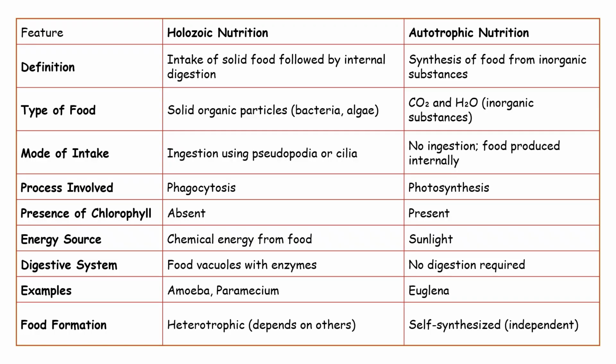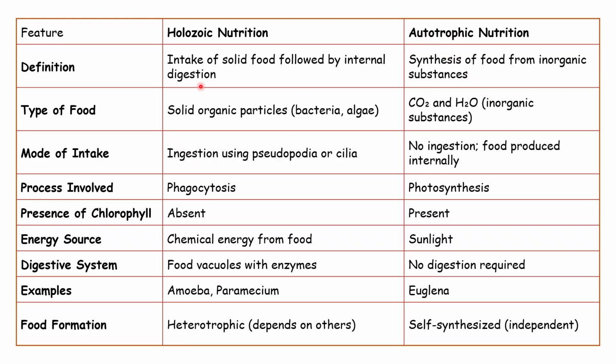Till now we have talked about two different types of nutrition, autotrophic and holozoic. This slide is a comparative chart depicting the major comparison between autotrophic and holozoic nutrition. In autotrophic nutrition, the synthesis of its own food happens.